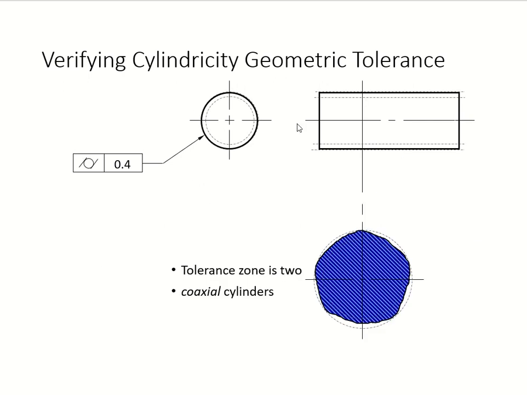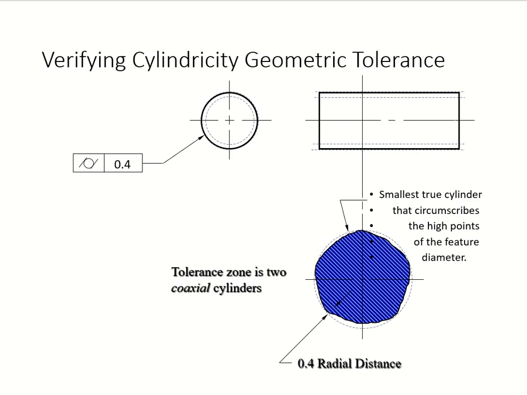Okay, so let's go with cylindricity 0.4, tolerance zone. So we're going to put it in there, and here is, of course, the surface of that part. It's just two coaxial cylinders, meaning two cylinders, this and this. You can see it, and coaxial means this axis is shared by both cylinders, okay?